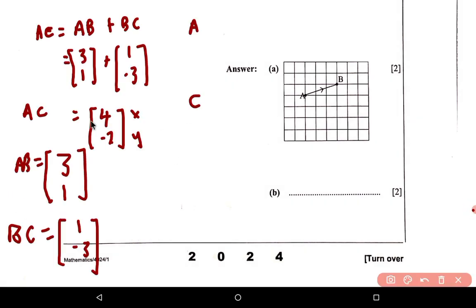These are the coordinates that we should get. If AB is 1 to 3, to find BC, BC has already been given here. So BC, on the x-axis, we are going to move 1.